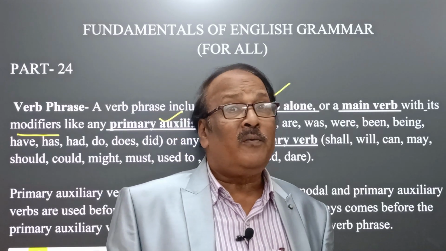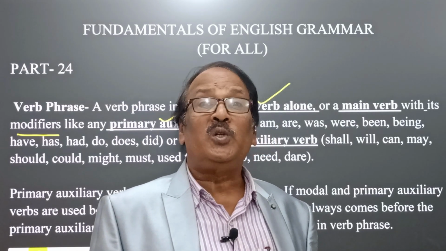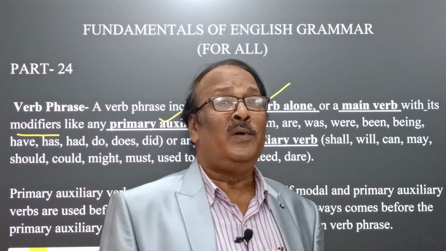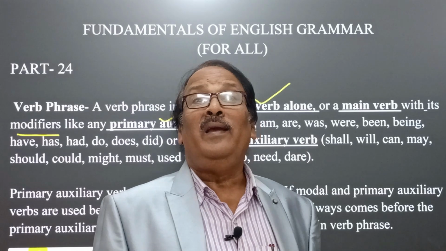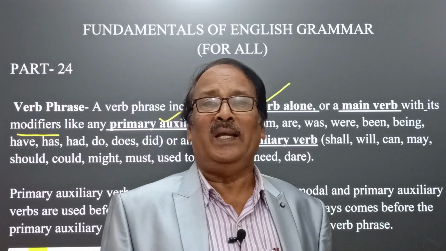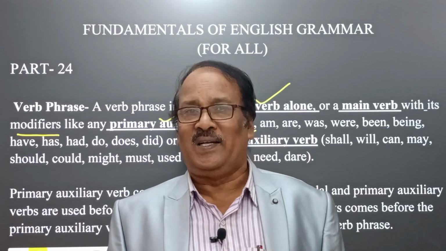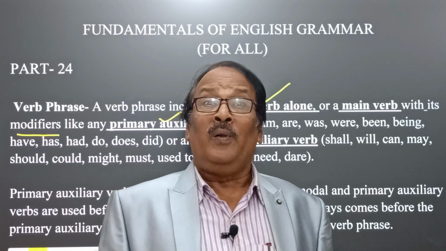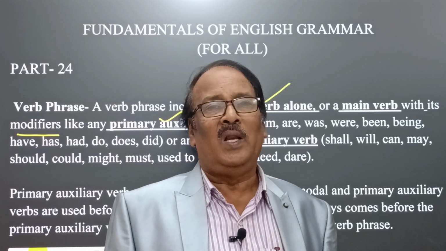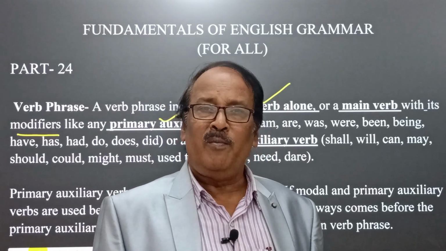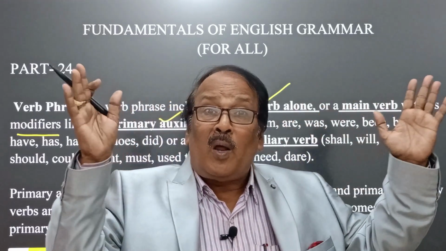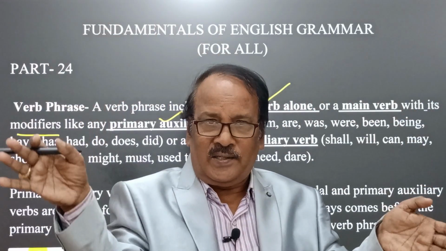The primary verbs and modal auxiliary verbs support or help or assist the main verbs in expressing complete meaning in different aspects. Therefore, these auxiliary verbs, either primary or modal, assist the main verbs in the formation of the verb phrase.